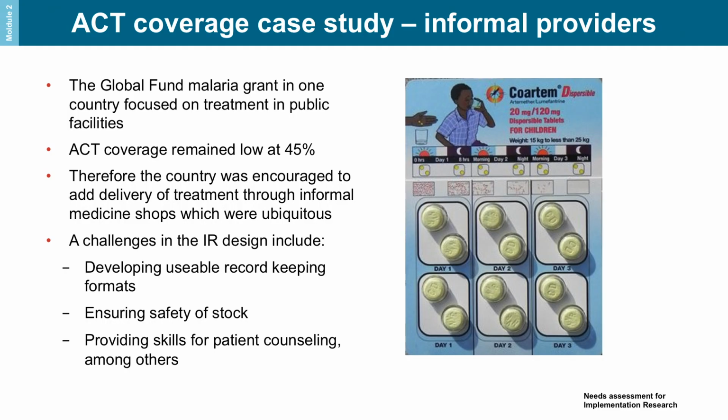This may be due to the channel through which it's provided, and we need to think of interventions that can increase access. If you think back to Module 1, access was one of the big issues that we talked about. We found that with normal public service based malaria programs, we've possibly been able to reach about half of people with the appropriate medicine.